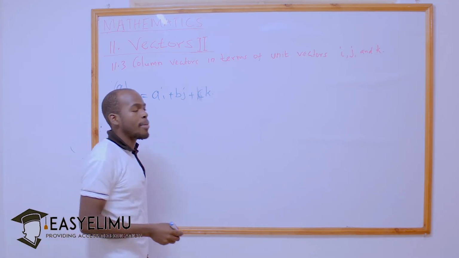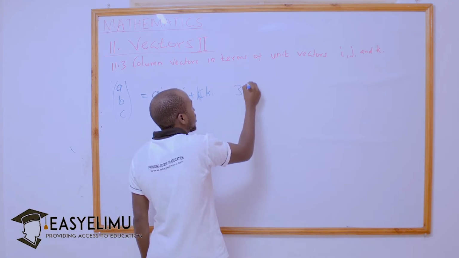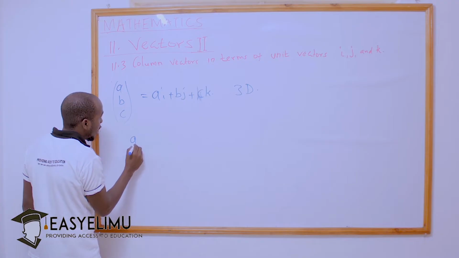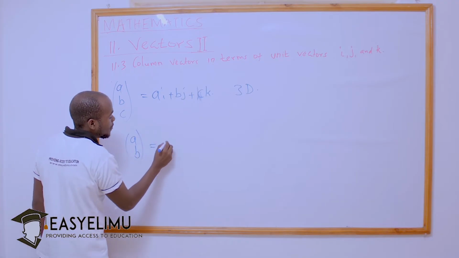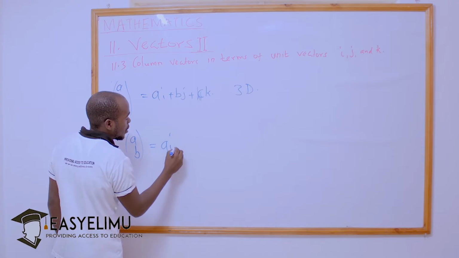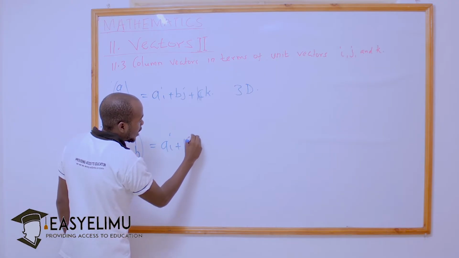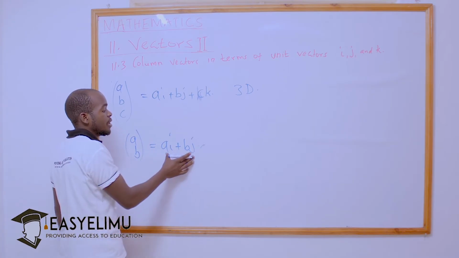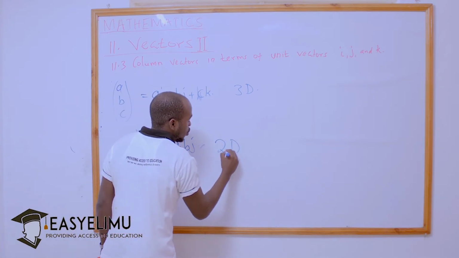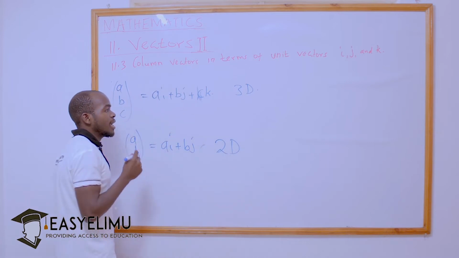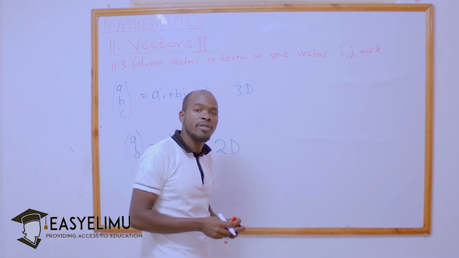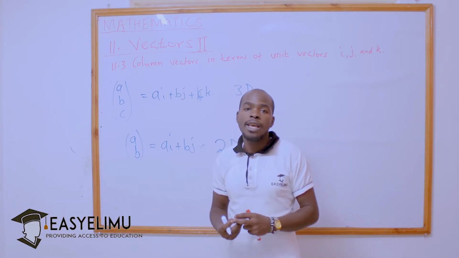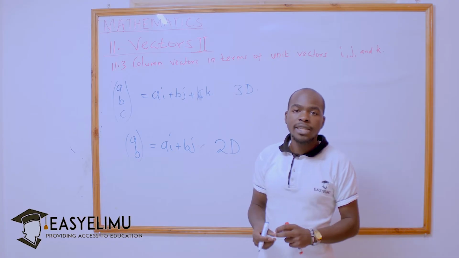And if it is in 2 dimensions, then you have A, B, and you will have this one represented as AI plus BJ, since the Z direction is not present. So that is how we do represent them. In case you have been given any kind of dimension, I think you are now capable of writing them in terms of I, J, and K.